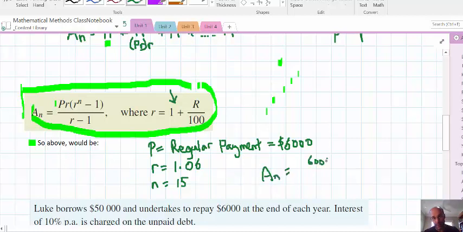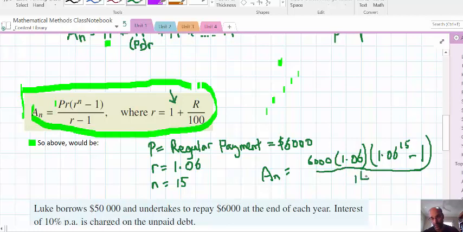And we can just sub that in, and lo and behold it'll get us the answer more quickly. So 6,000 times 1.06 times 1.06 to the 15 minus 1, and that's over 15 minus 1, which is 14, and then we calculate that one.